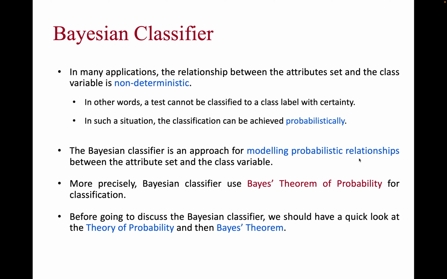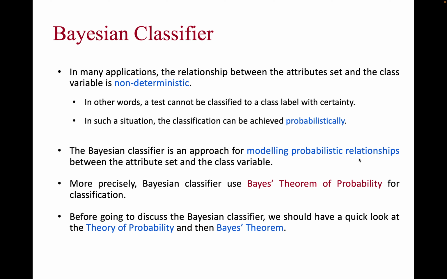You cannot just look at it and determine the outcome, like 2 + 2 is 4. In other words, a test cannot be classified to a class label with certainty. In such a situation, the classification can be achieved probabilistically. You can tell the probability of something happening. You can't say it will definitely happen, but you can define the probability of something happening.